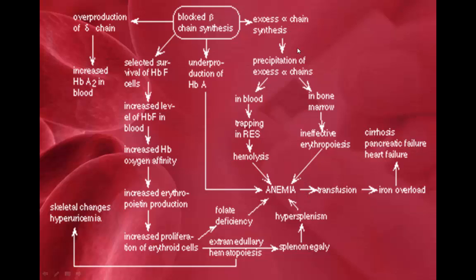There are precipitating factors that could produce trapping in the reticuloendothelial cells and produce hemolysis, or in the bone marrow they could produce an ineffective erythropoiesis. The anemia of thalassemia involves hemolysis. Remember that when you have hemolysis of the hemoglobin molecule, the iron inside the molecule converts into bilirubin.